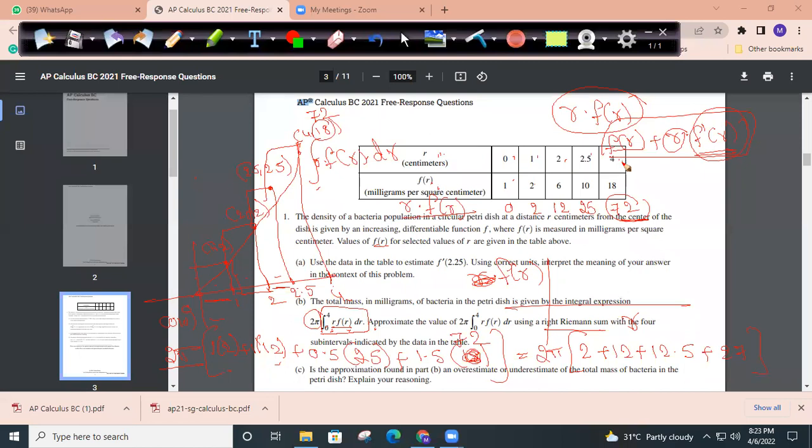So this is 72. 4 comma 72. 2.5 comma 25. 2 comma 12. 1 comma 2. 0 comma 1. Correct. Now 1.5 into 72 is 72 plus 36, which is 108. So 2 plus 14.5, 16.5 plus 108, multiplied with 2 pi. That will be your answer.